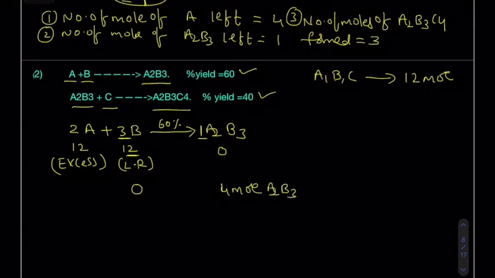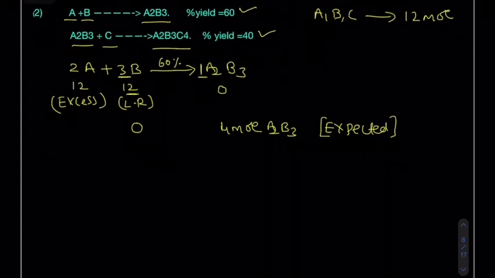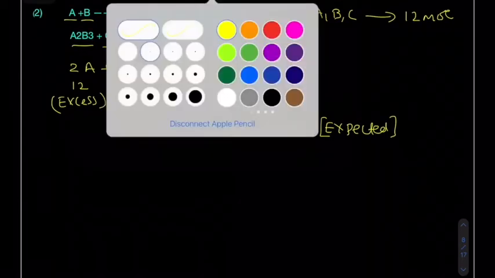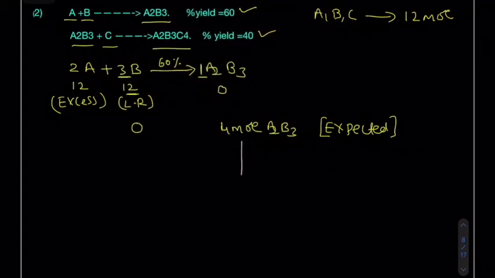Remember, this is expected when the percentage yield of the reaction is 100%. But in the question, the yield is given as 60%. If the yield is 100%, then you will get 4 moles, but the yield is only 60%. So 60% of 4 moles, you will get 2.4 moles of A2B3.